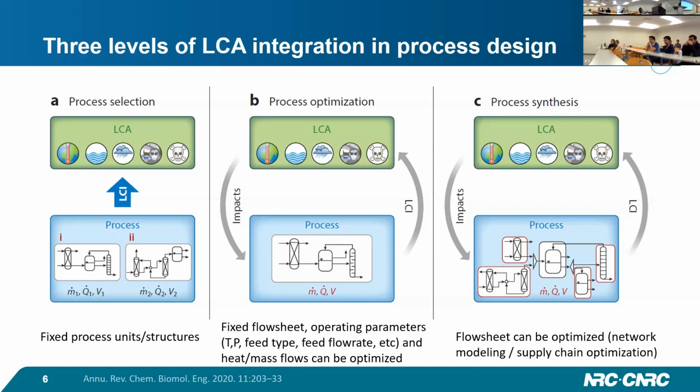This approach is most often used, but for the process design, there's no feedback from these life cycle analysis results to further improve the design. Instead, for step 2, the process optimization, the flow is fixed, but the operating parameters of the emerging technology and any process settings can be further optimized.